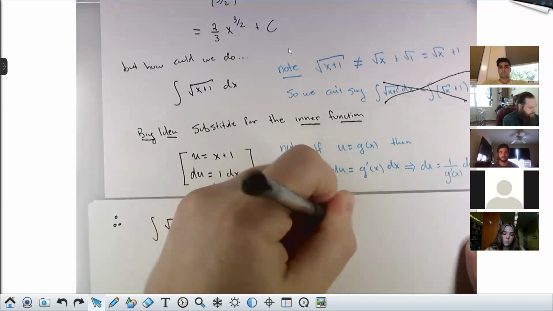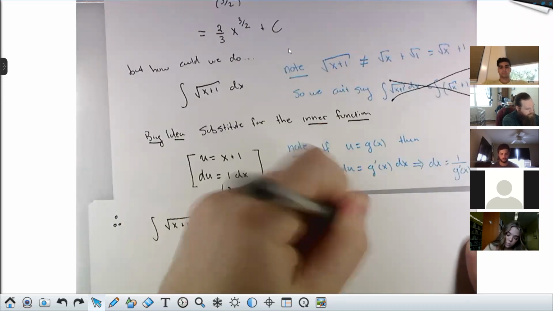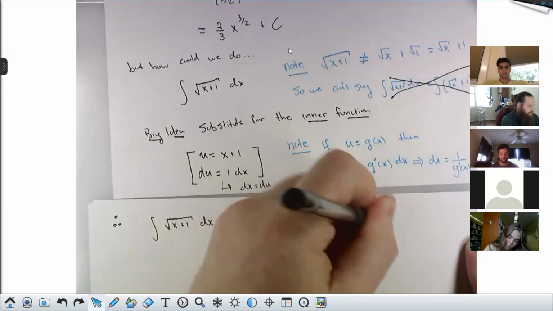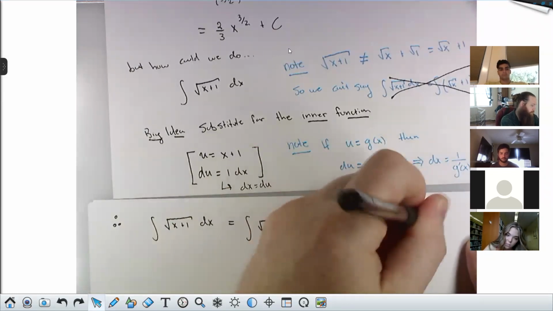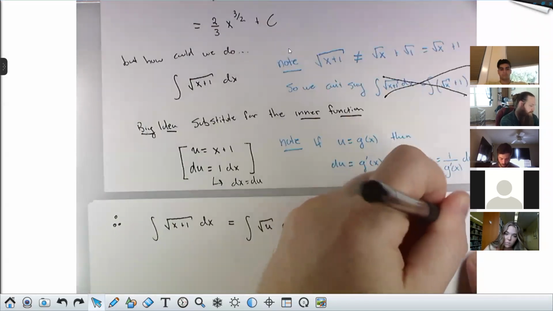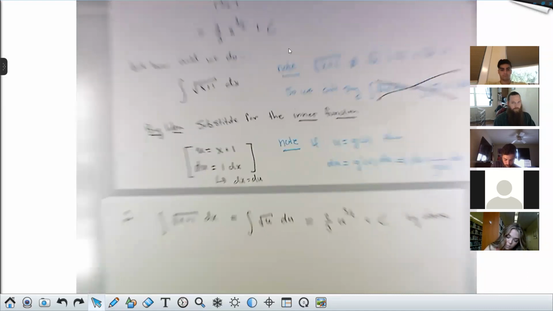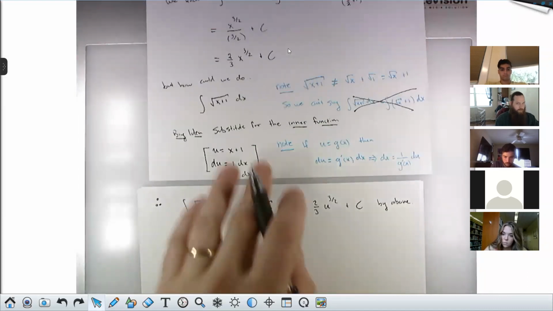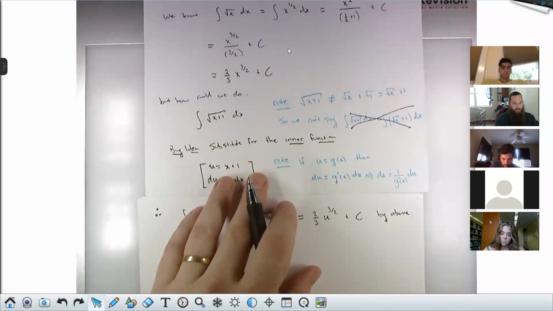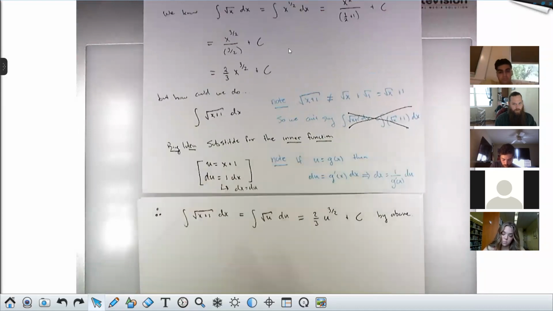This is going to be 2/3 u to the 3/2 plus c by the prior work. The only difference is the variable here is u, right? You look back at that first example, we integrated the square root of x, and we got 2/3 x to the 3/2 plus c. Here I'm integrating the square root of u, so I'm going to get 2/3 u to the 3/2 plus c.